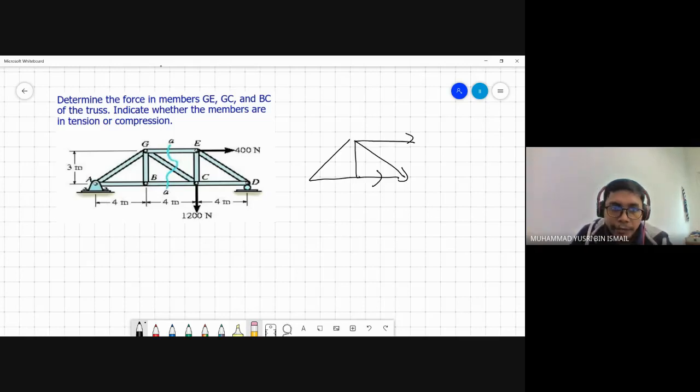Then we can apply the analysis at this part. This is if you choose the left hand side. Let's say you choose the right hand side, so you only consider this part.